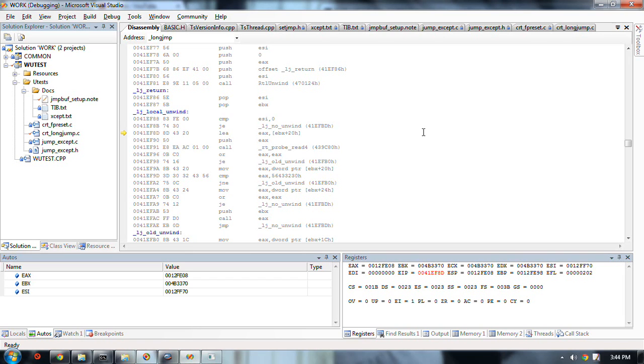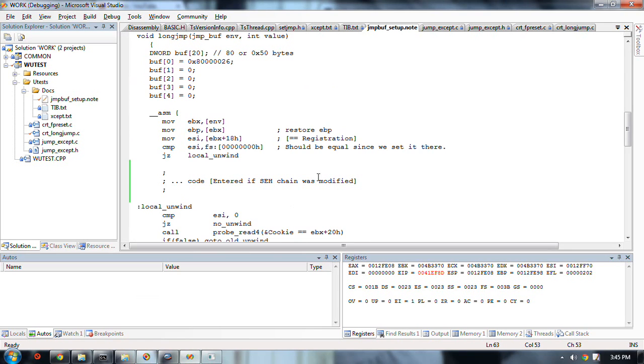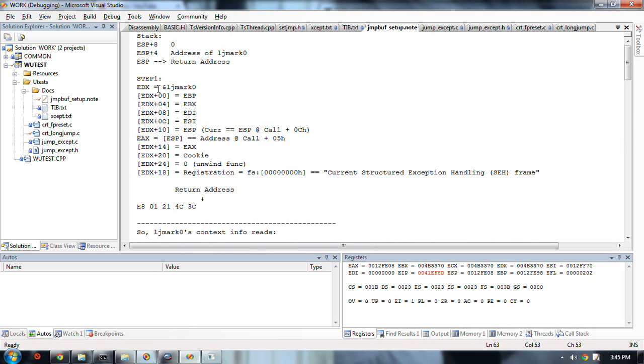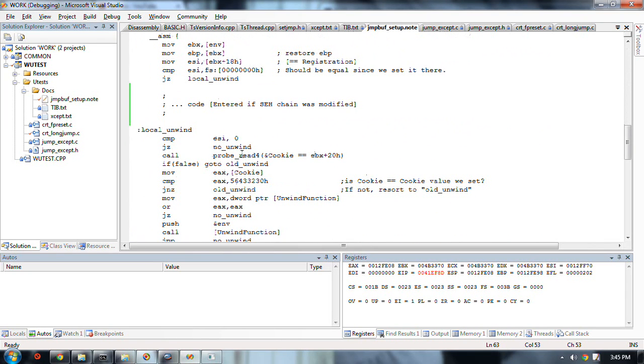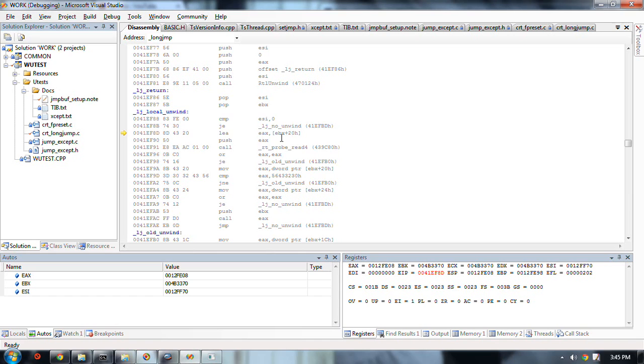No, it wasn't 0. We're putting into AX BX plus 20. Remember, from like an hour ago, BX still contains that N, and plus 20 is the cookie. So we're putting the cookie into AX and pushing it and calling a thing called probe read.